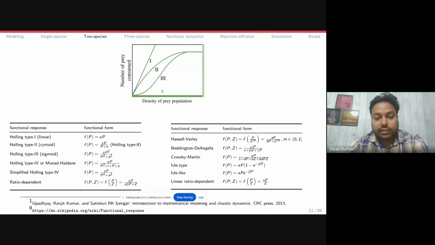As you can see here, this is your Holling type 2 functional response, a rational function. And the third one is the Holling type 3, and it works like this. First of all, it will increase and then decrease to that level. So basically, there are so many kinds of functional responses, as you can see here in this diagram.